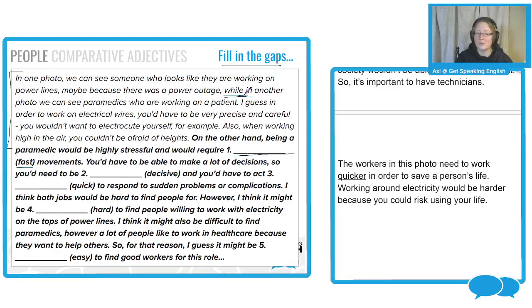I guess in order to work on electrical lines, you'd have to be very precise and careful. You wouldn't want to electrocute yourself, for example. Also, while working high in the air, you couldn't be afraid of heights, right? So I'm going to give you maybe a minute or two to think about these gaps.